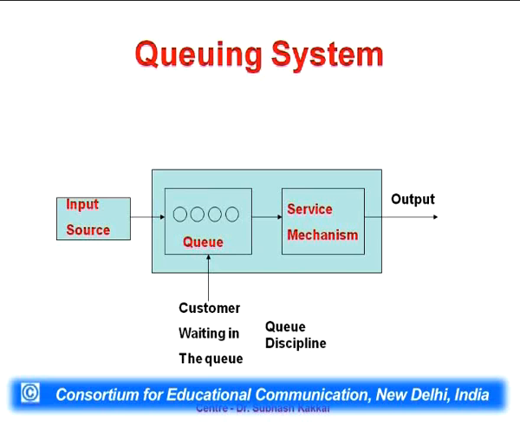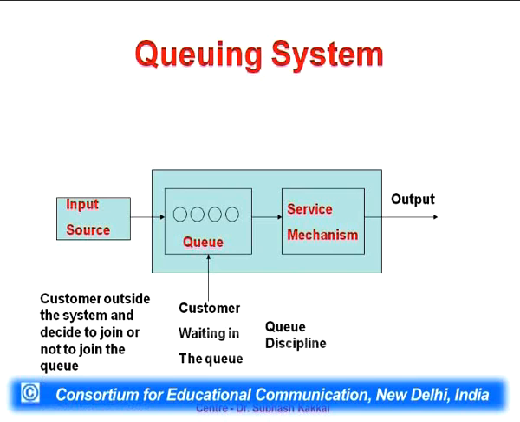Then we have a service mechanism, and then output means customers leaving the service center after getting satisfied. The customer outside the system decides to join or not to join the queue. This is the input source. And queue discipline is decided before the service mechanism.